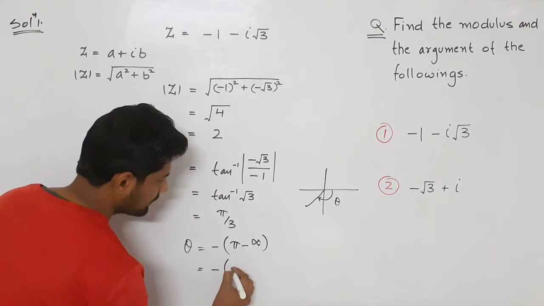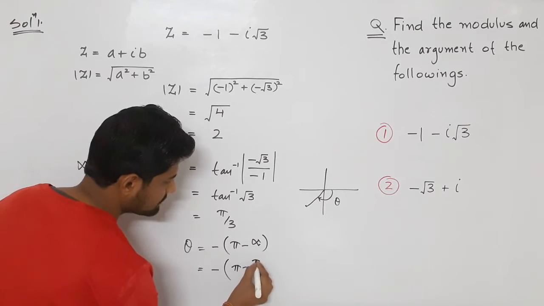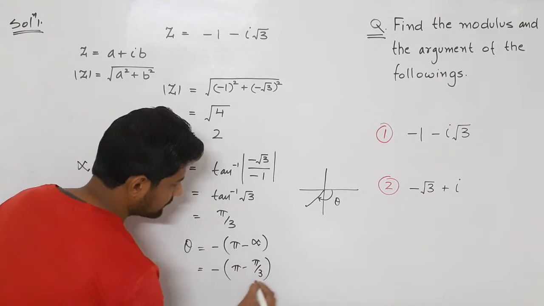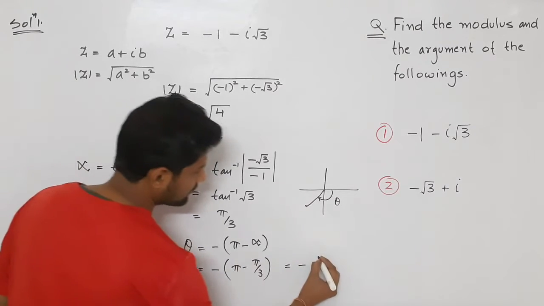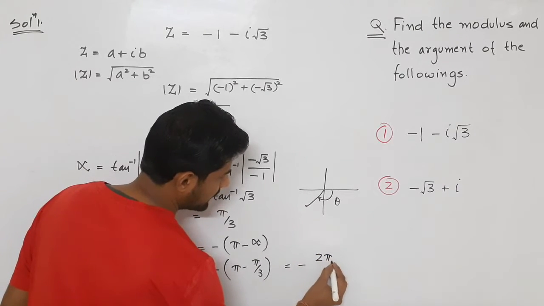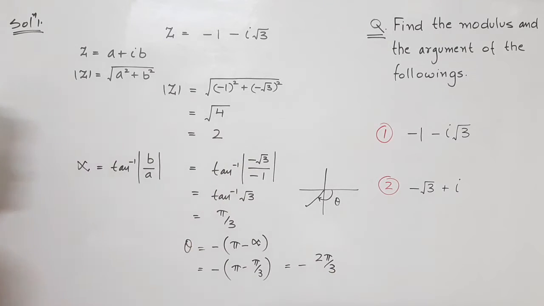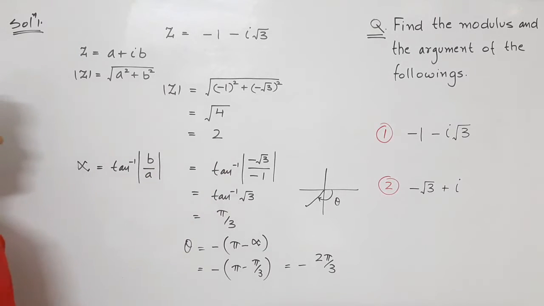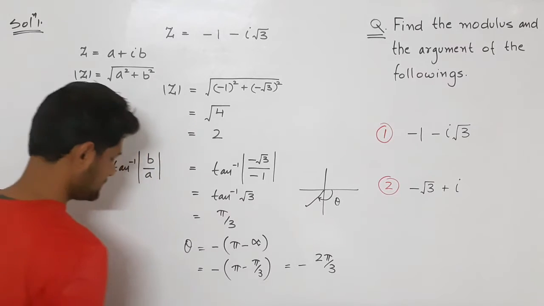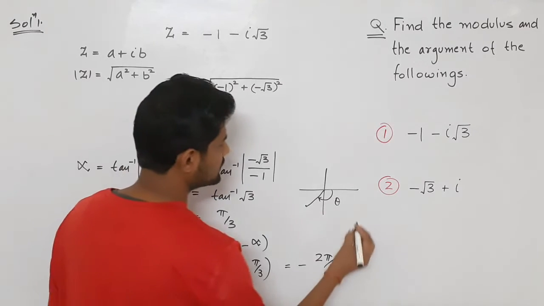Minus of pi minus pi by 3, and which is equals to minus of 2 pi by 3. Okay, so in this case 2 is mod of this complex number and minus of 2 pi by 3 is argument of this complex number.